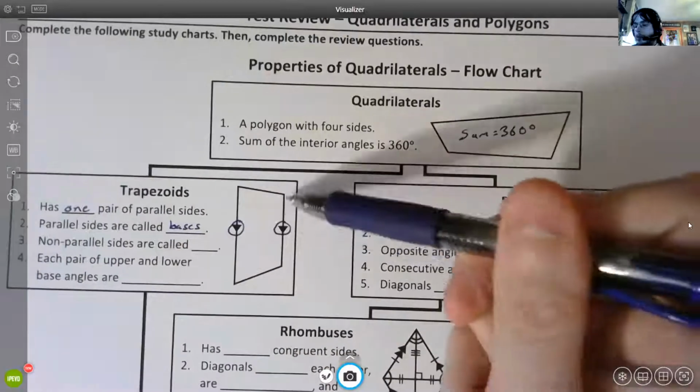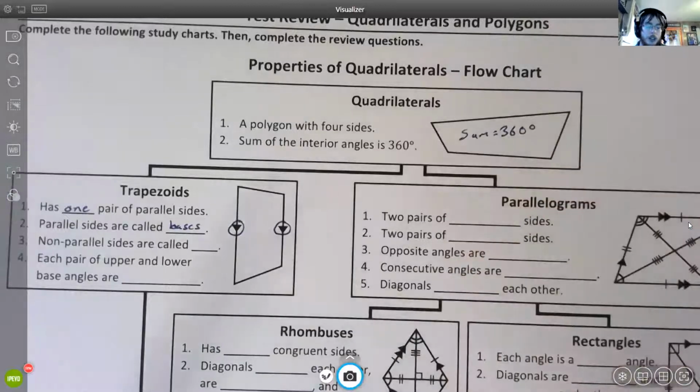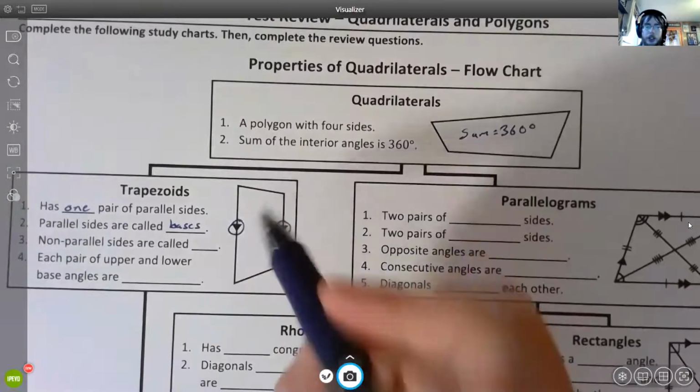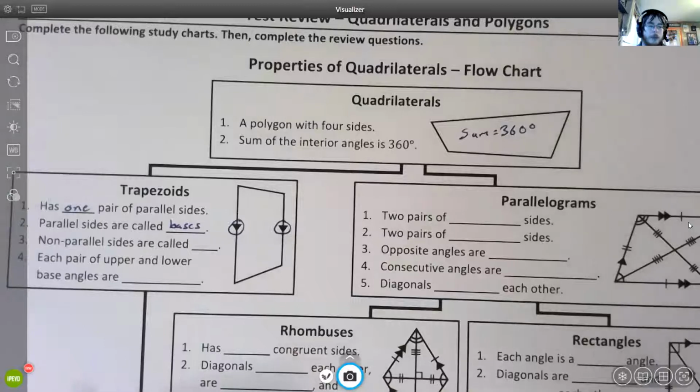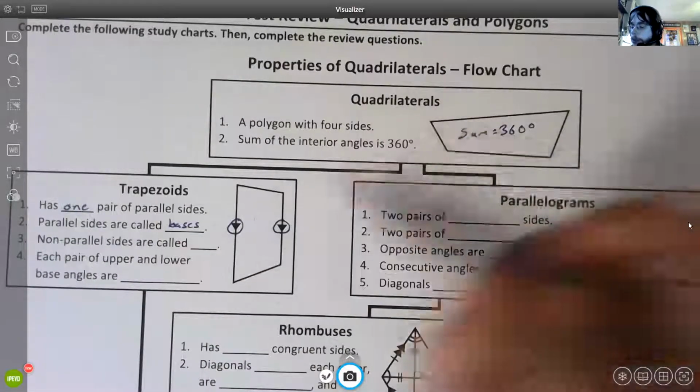Typically, the upper base is the smaller of the 2, and the lower base is the larger of the 2, or the longer of the 2. And the reason that is just because it's kind of like any type of structure. You set the largest part on the bottom, and then you narrow it up as you go along. The non-parallel sides, so these sides here, are called the legs.